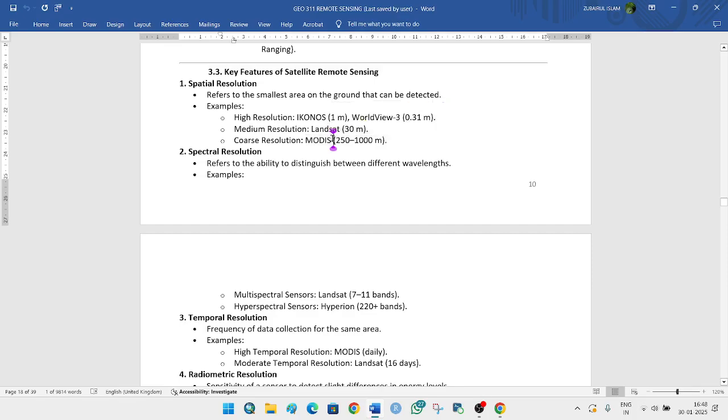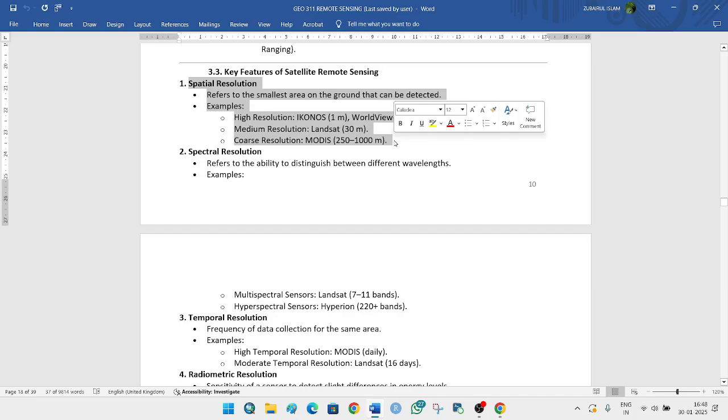MODIS is by NASA, Landsat is by NASA and USGS. So you must know what spatial resolution is of the data you are using.